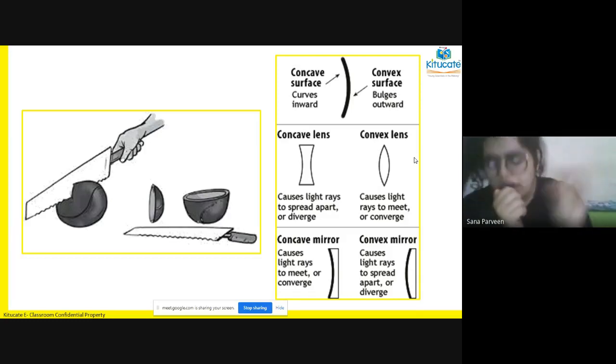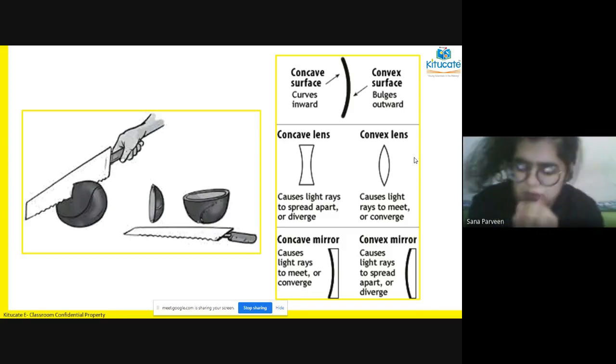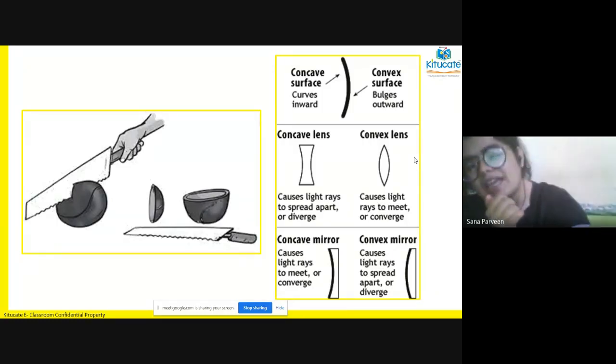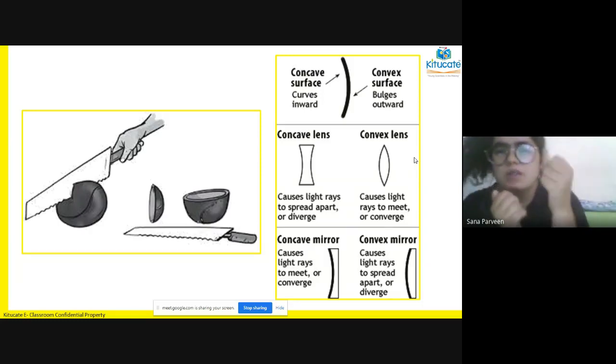Apart from concave surface and convex surface, we have got lenses. When you study lenses, it is a very beautiful topic which we will be taking in our further sessions as well. Concave lenses and convex lenses. Depending upon how the curve is, because the topic here is curved surfaces, it is not necessary that the curve is going to be present only on a surface.